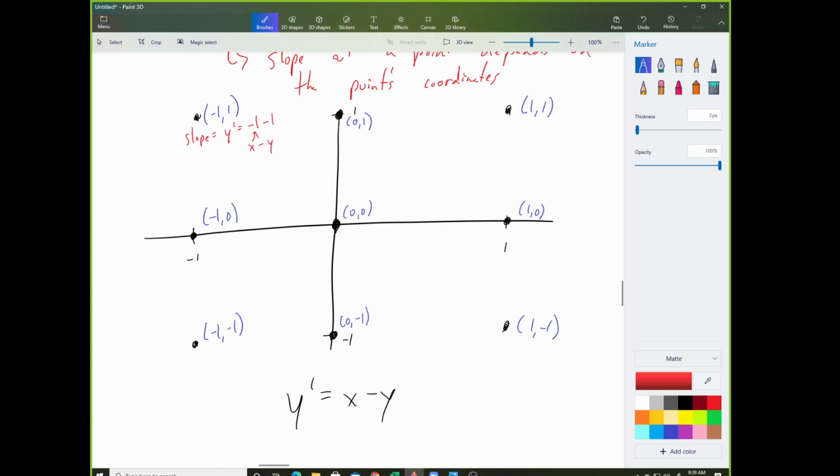And all I'm going to do to find the slope is to plug my coordinates into the equation.